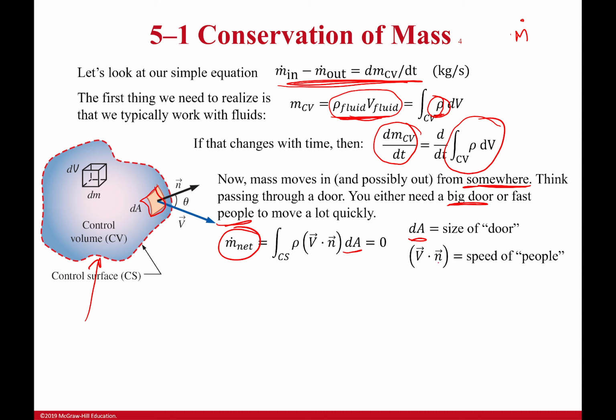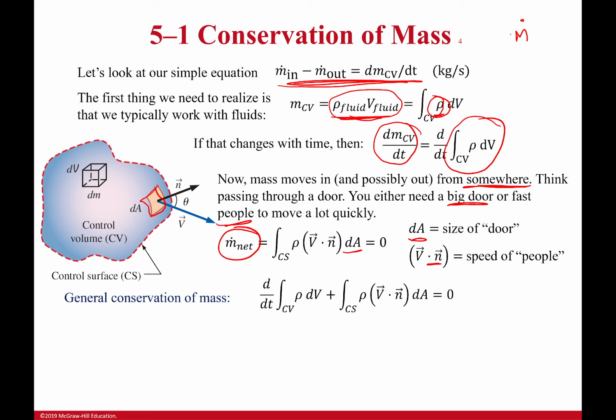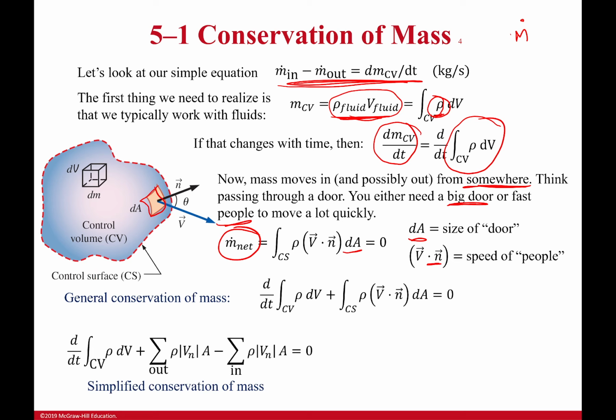Now, why do I have this dot n? Technically, that's the normal component of my velocity. By having that, I'm saying I only care about the component of the velocity that's normal to the door. For example, here's my doorway, and if people are walking through it, I want them to walk straight through the door.